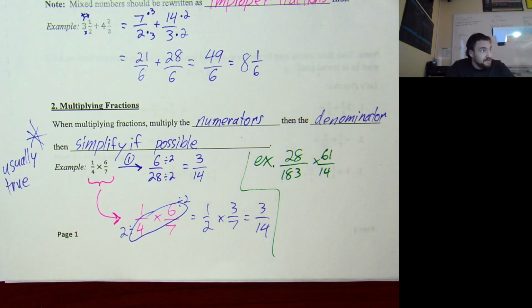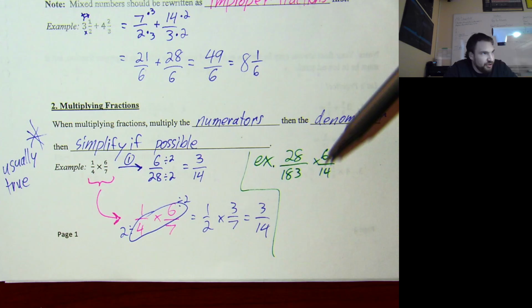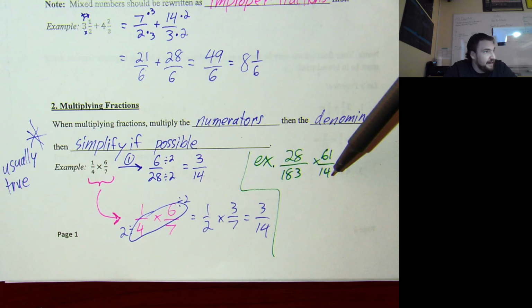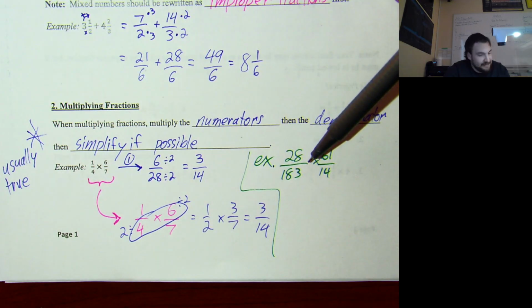Okay, so we're going to make our lives a little easier now. First, 28 and 14 are simplifiable. And because all I'm doing is multiplying fractions here, I can cross simplify. 28 and 14 can both be divided by 2. What else? 7. It can also be divided by 14.